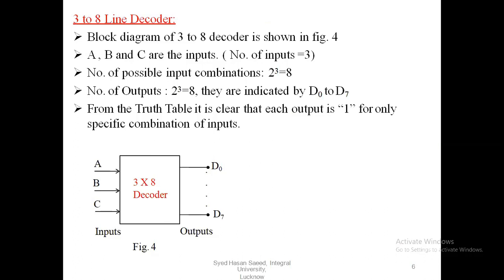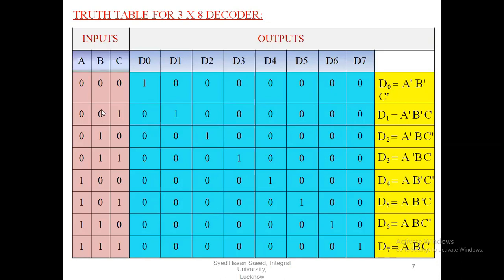From this statement, we will construct the truth table. Each output is one for only a specific combination of inputs. This is the truth table. By using this truth table, we got the output values D0 to D7.